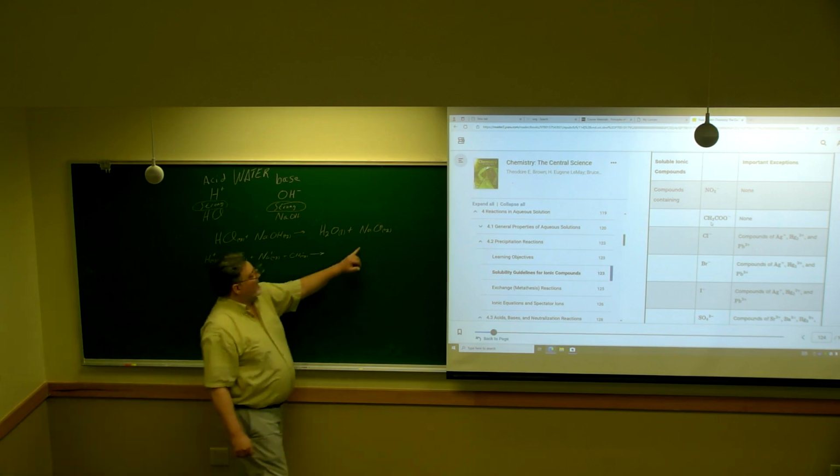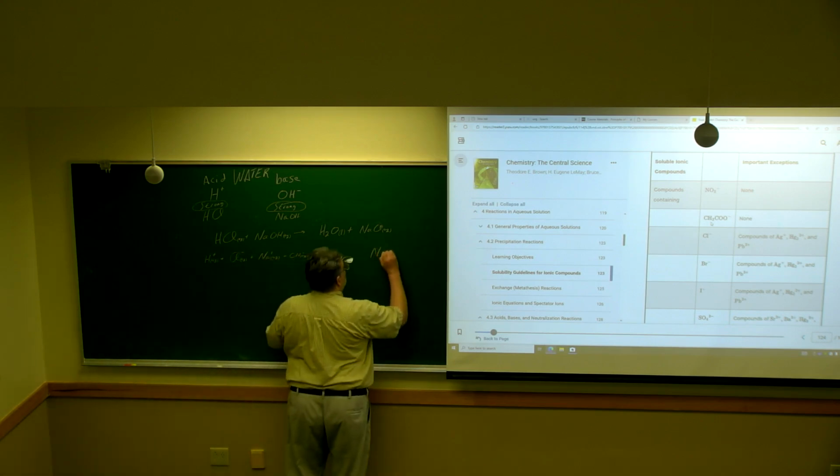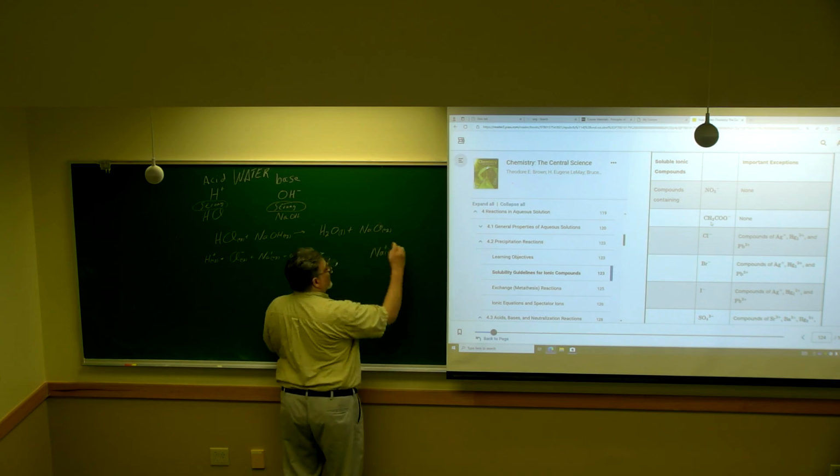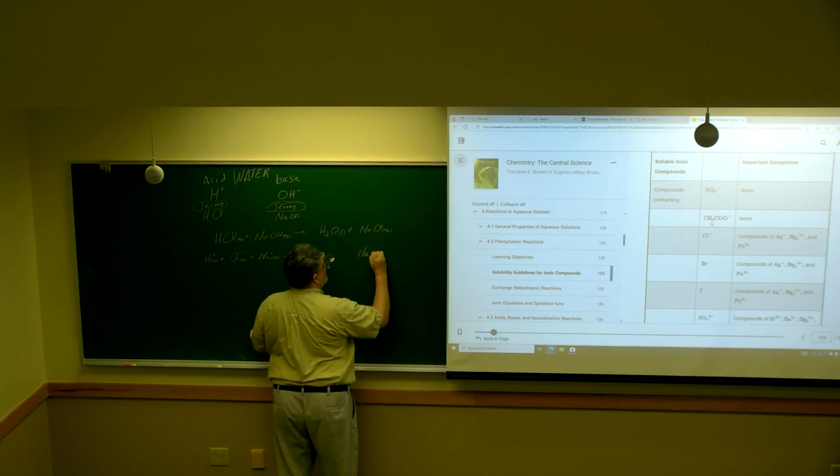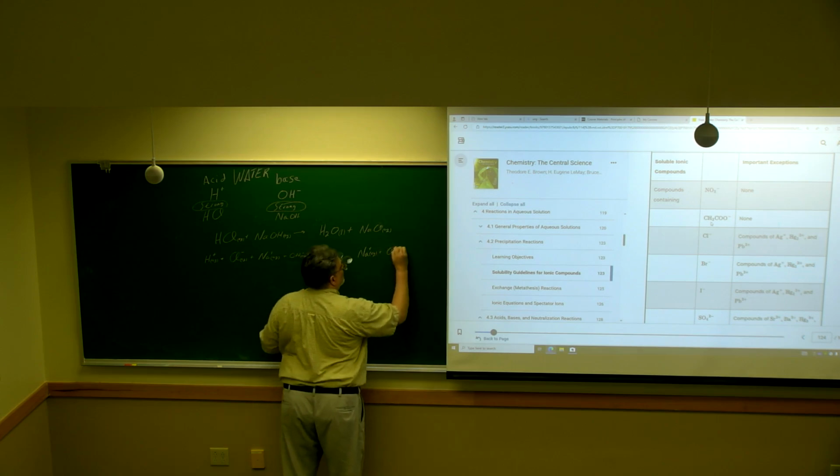But truthfully, they are split apart as ions. They're not together like that. We're out of space. Na plus. So you have sodium ion floating around in the water, and a chlorine ion floating around in the water.